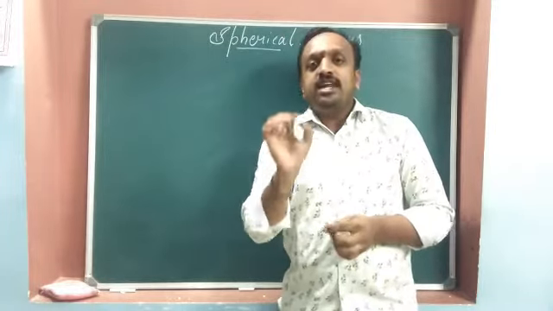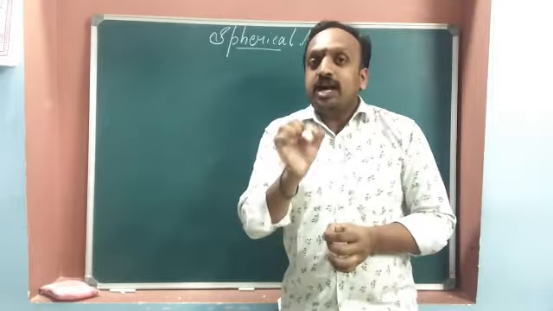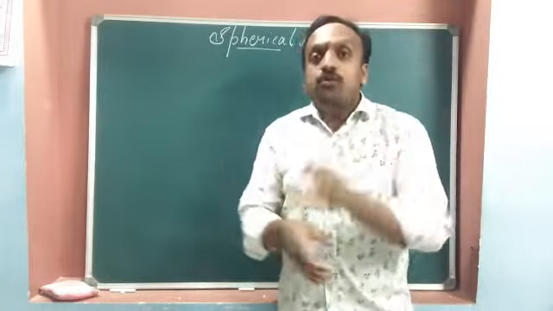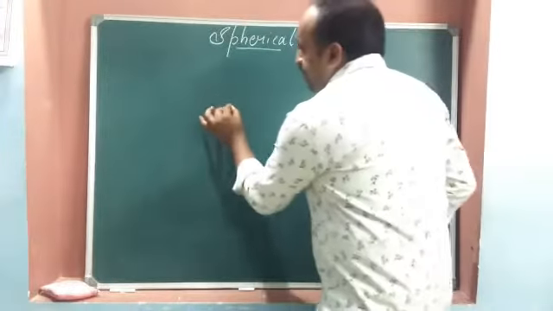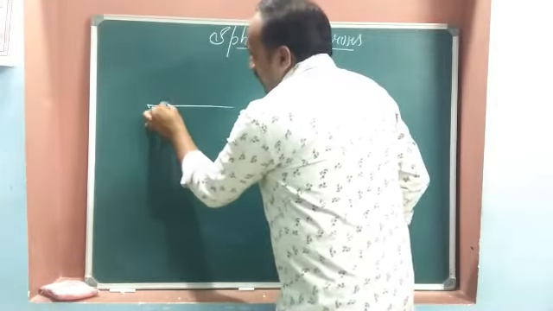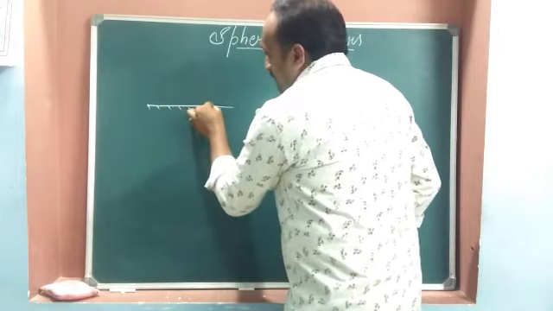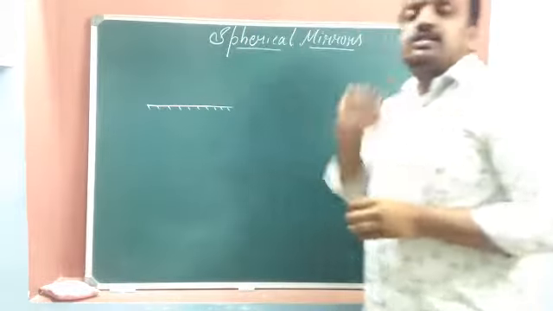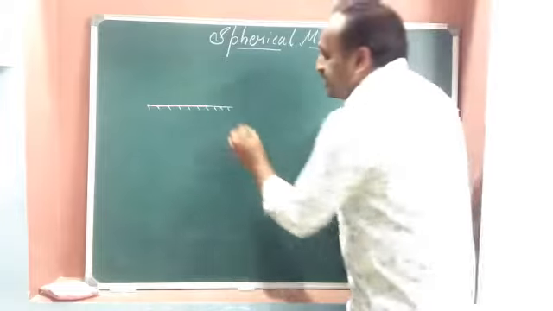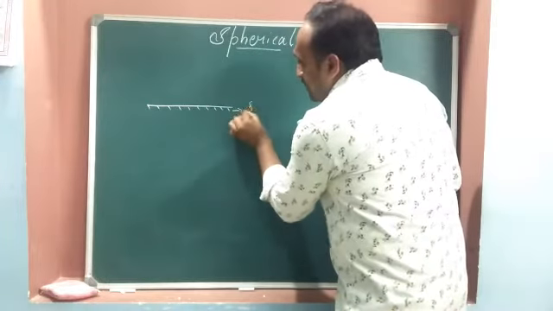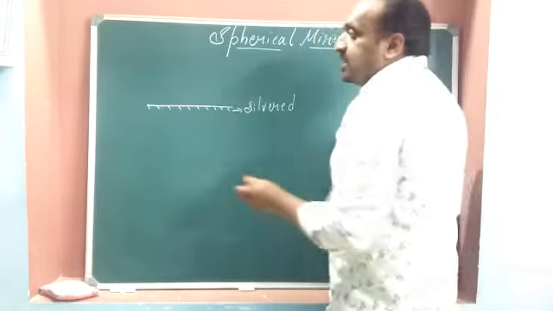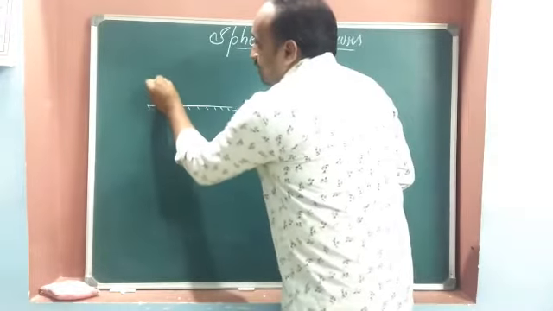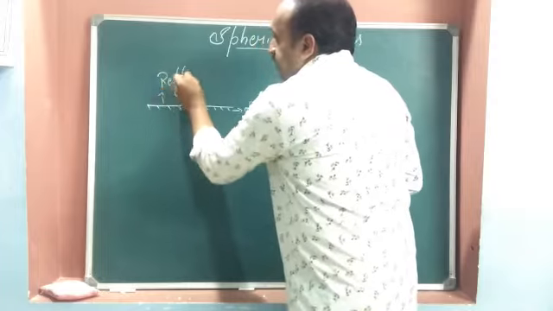Before that, let me explain what a mirror is and how we can represent a mirror with a diagram. See here, a straight line marked like this represents a mirror, where this part is the silver surface and another part is the reflecting surface.